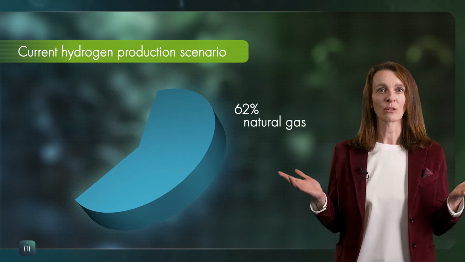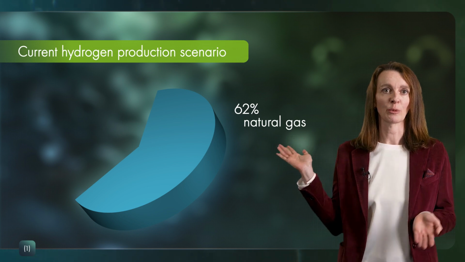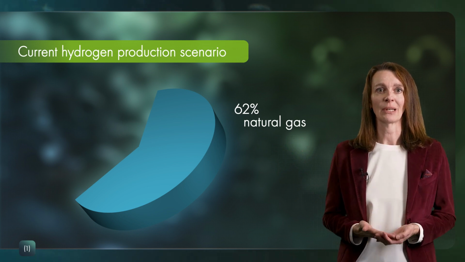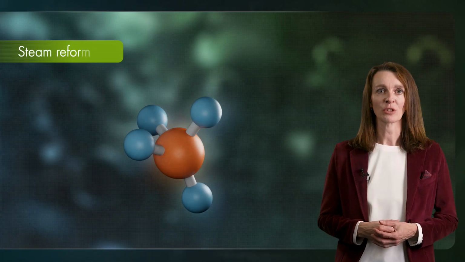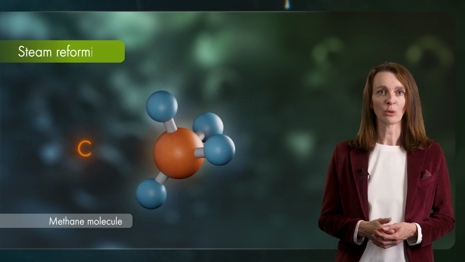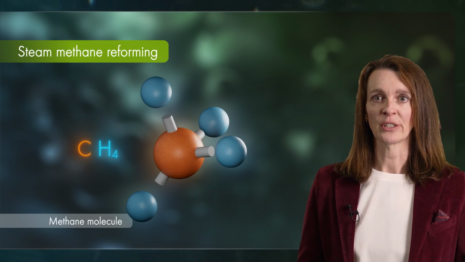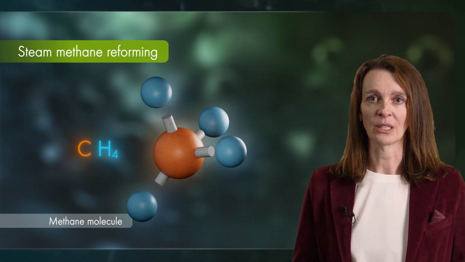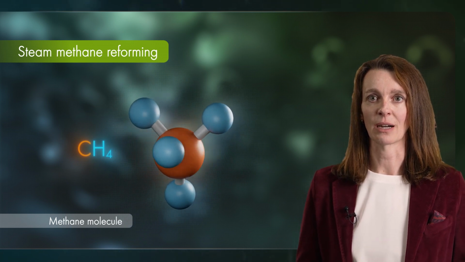We will now look at grey hydrogen, making up for the highest proportion. That comes from natural gas, the chemical species methane. So, in order to obtain hydrogen from methane or any other hydrocarbon source, we need to split up this molecule. This is done by a process called steam reforming, or in the case of methane, steam methane reforming, SMR.